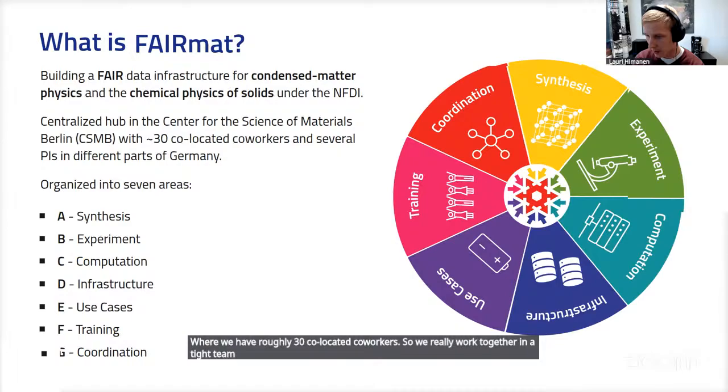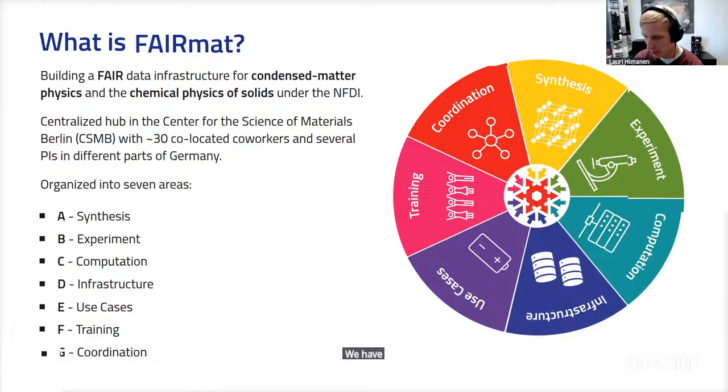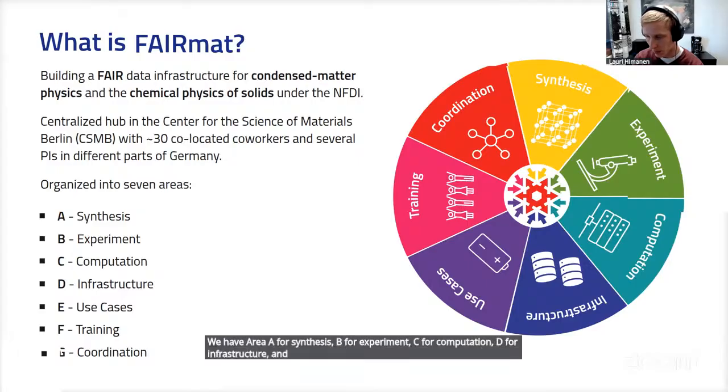And of course, then there are several PIs working at different universities all over Germany. And we organize our work into 7 different areas. We have area A for synthesis, B for experiment, C for computation, D for infrastructure, and this is the area that I'm leading. Then we have use cases, training, and coordination.